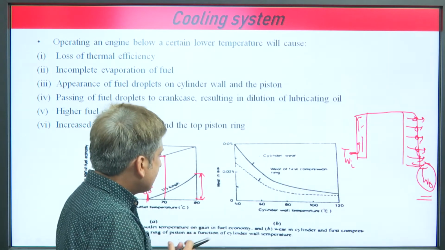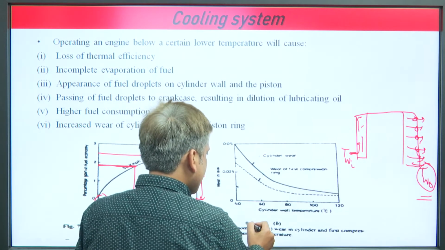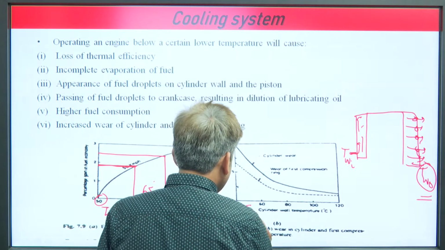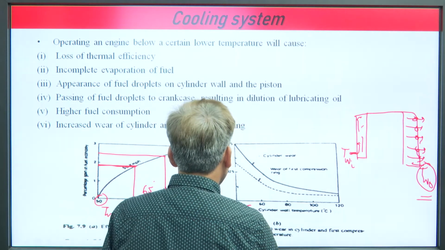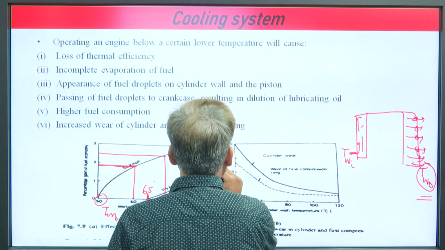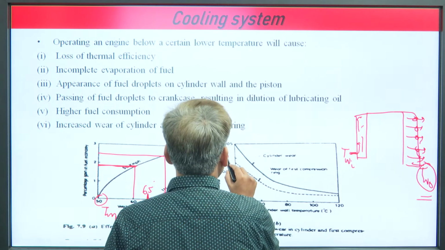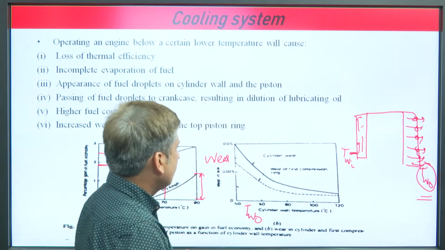Similarly, you can see in this diagram, it is cylinder wall temperature TWO, and here is the wear and tear of the piston ring.